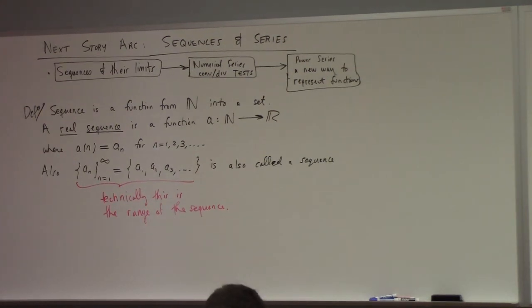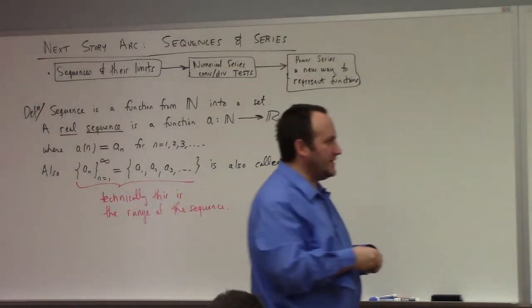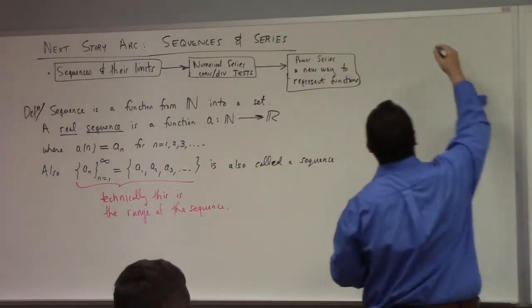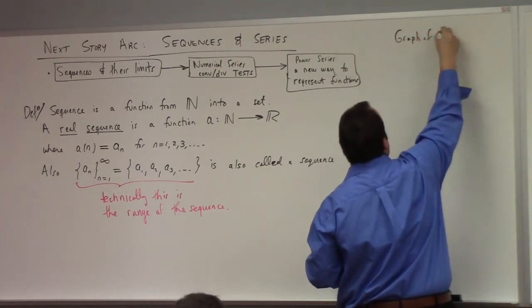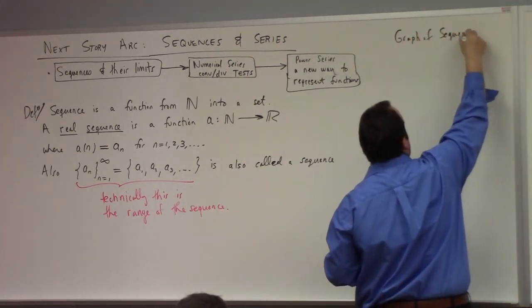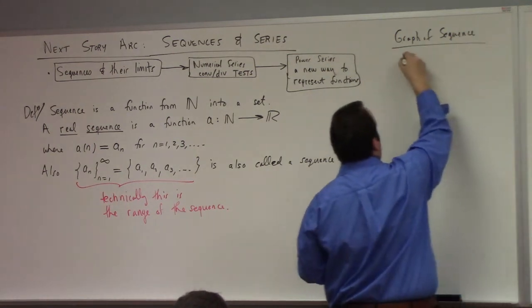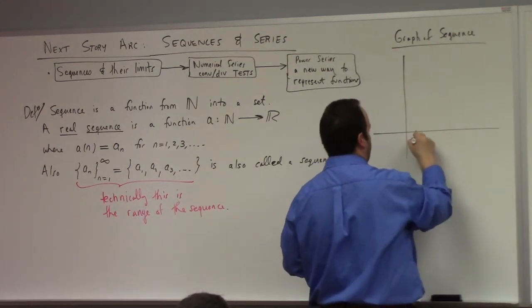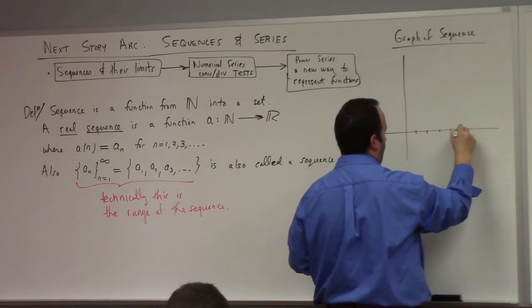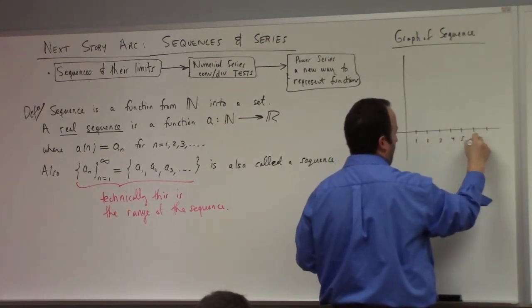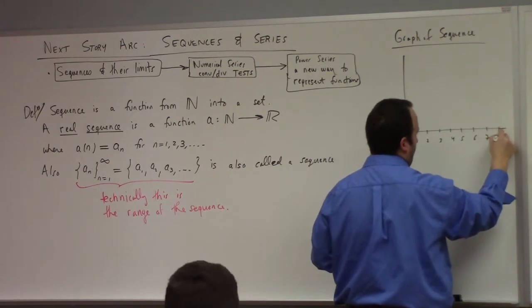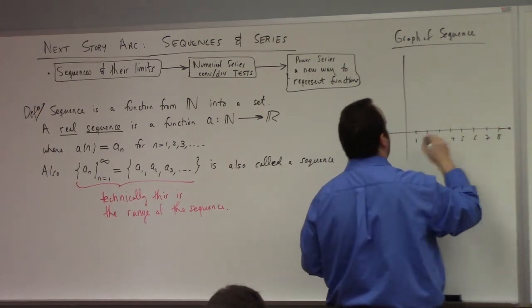Well, I guess this isn't really the graph. I mean, what does a sequence look like? What would a graph of a sequence look like? Actually, literally the graph of a sequence. Let's see here.